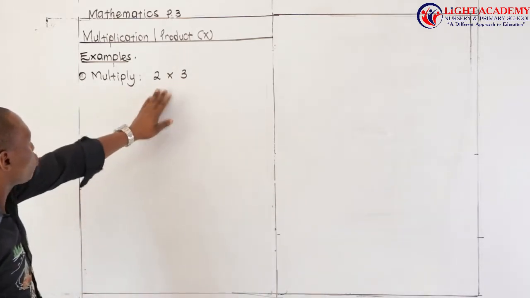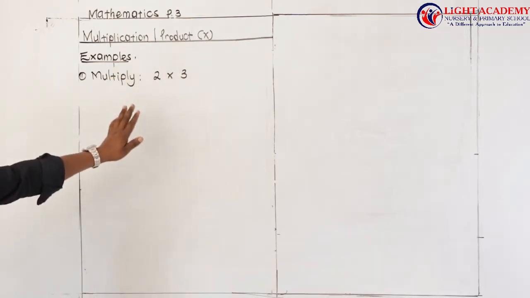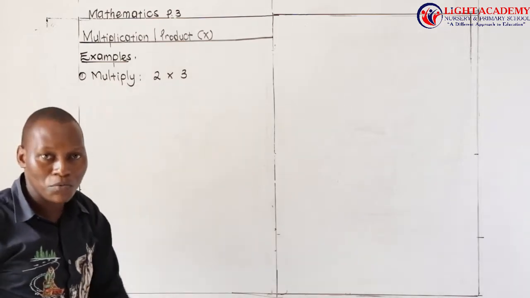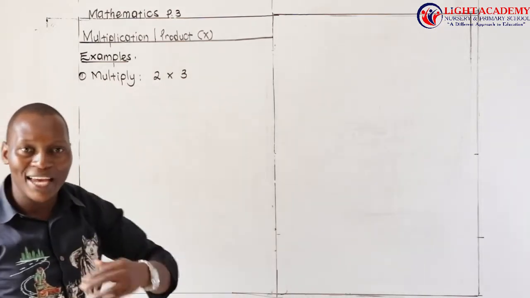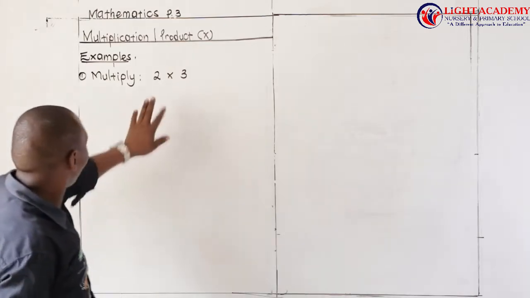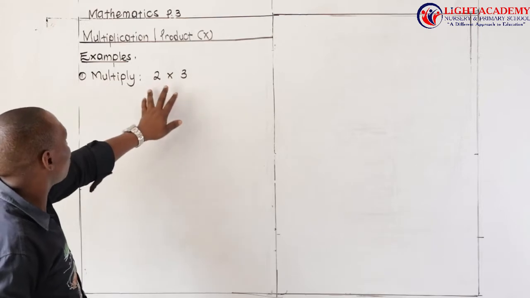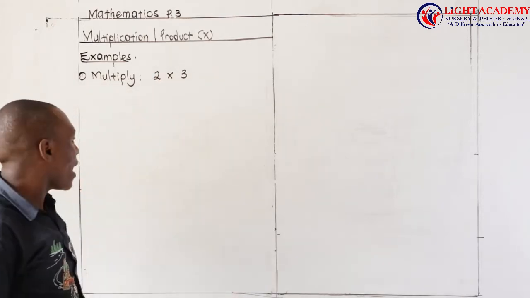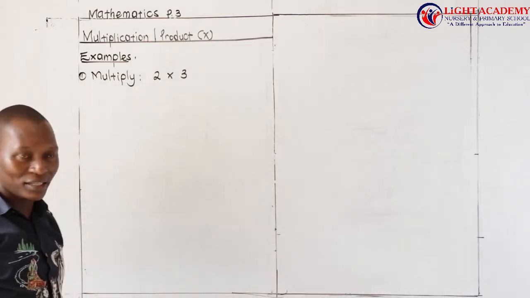So when they write 2 multiplied by 3 in Primary 2, your teacher must have said, the first number talks about the number of groups, and the second number mentions the items per group. So for this question 1, where I multiplied 2 by 3, they are telling me to use 2 groups, but each group should have 3 items. You either use balls, sticks, or some other items.